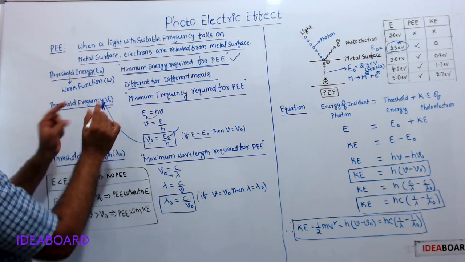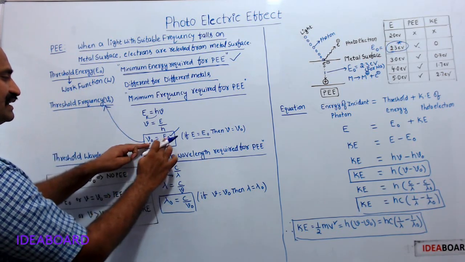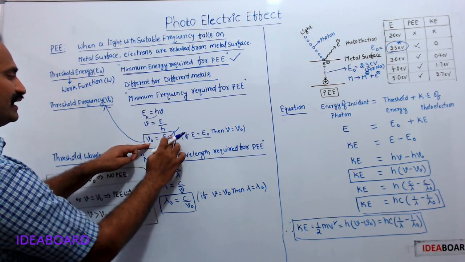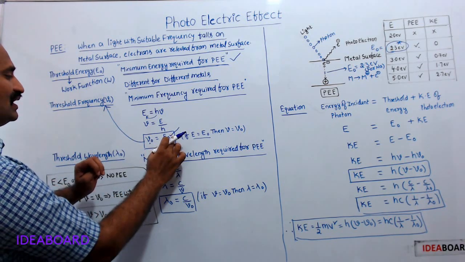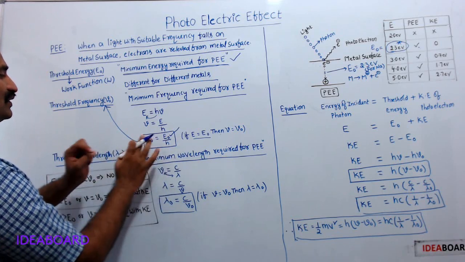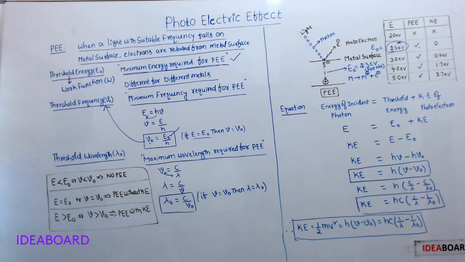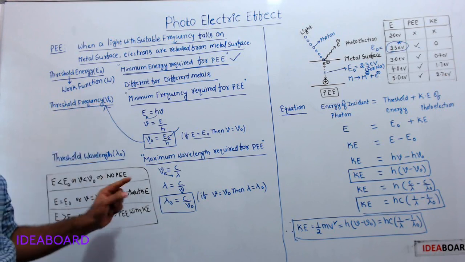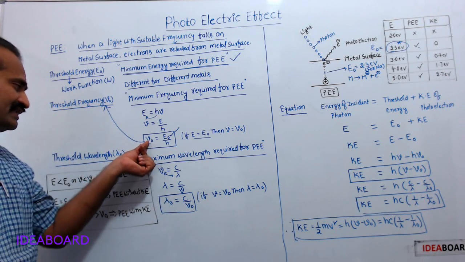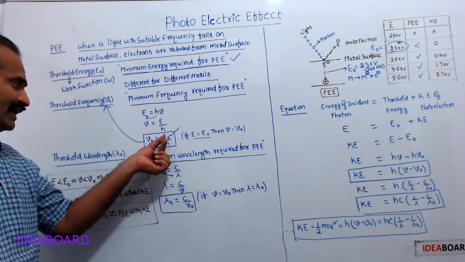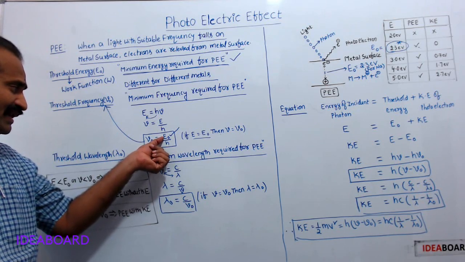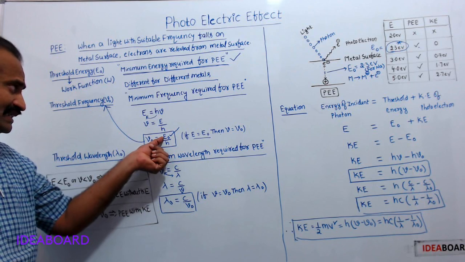Here threshold frequency and threshold energy are directly proportional to each other. Threshold energy is the minimum energy required for the photoelectric effect.